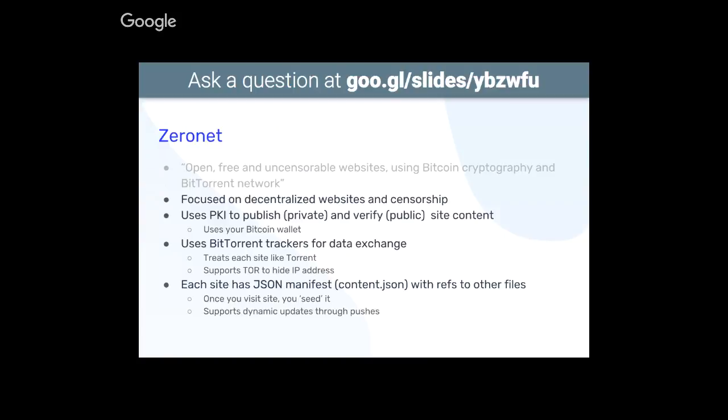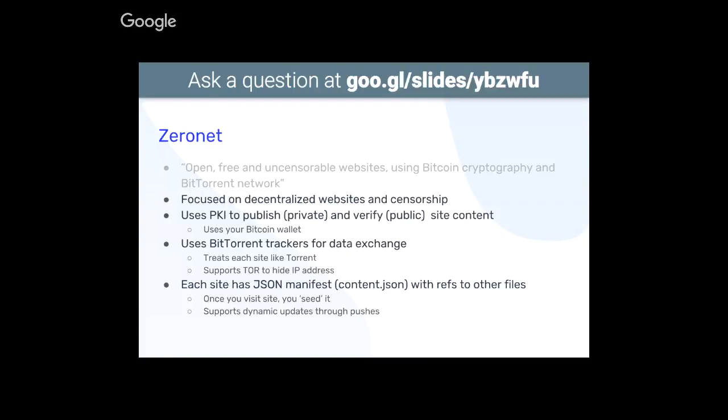And then it actually uses your Bitcoin wallet to do this. So you sign up for a Bitcoin wallet, you've got your public and private key, and we use those to actually publish and verify content. And then it uses essentially BitTorrent trackers for the actual data exchange, so for actually accessing sites.